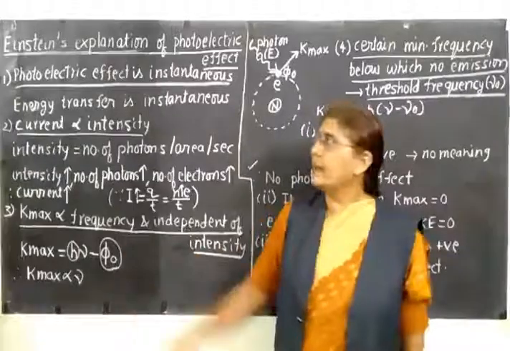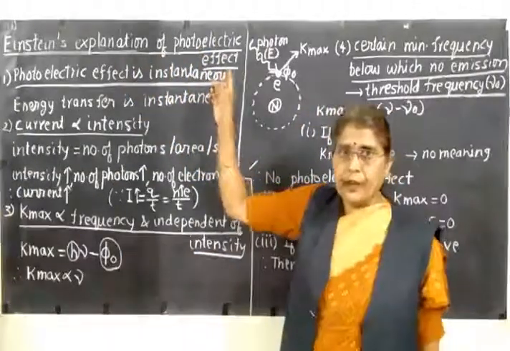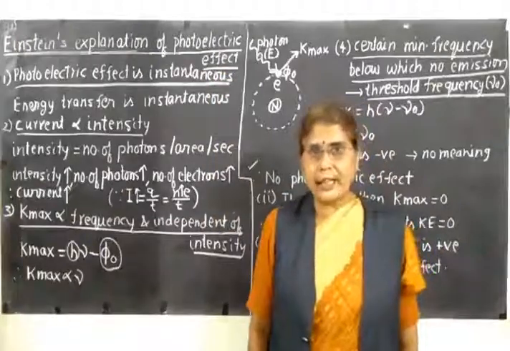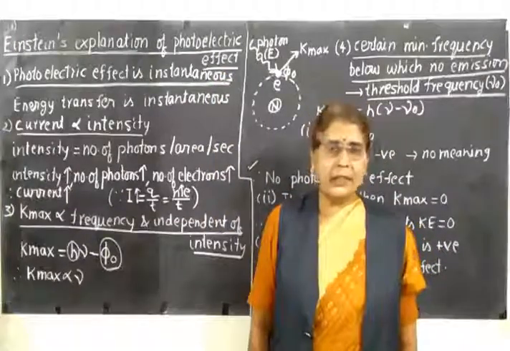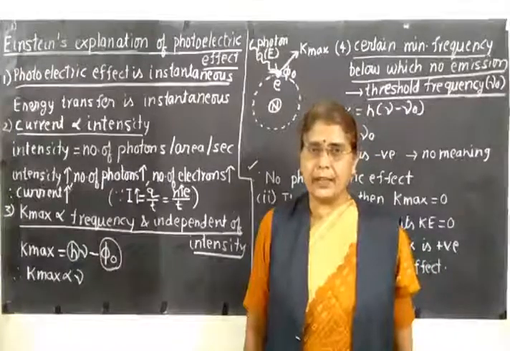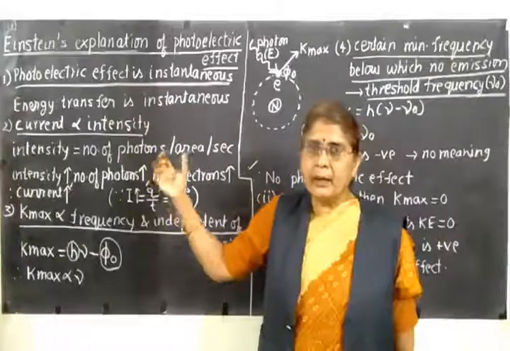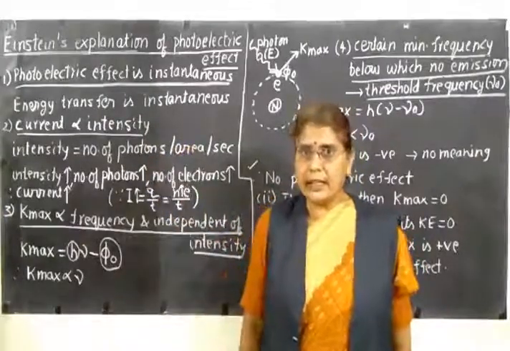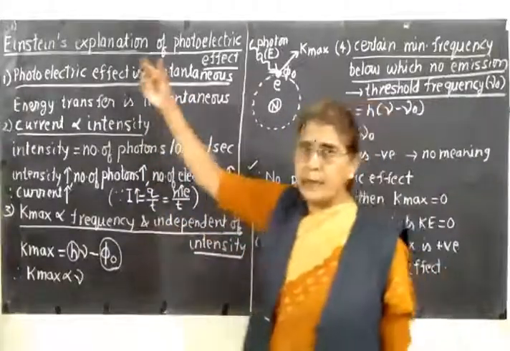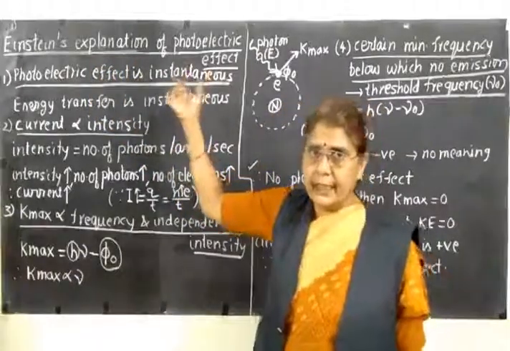Let us now study how Einstein explained the photoelectric effect using his photoelectric equation. So in the previous class we had studied the observations of photoelectric effect. So let us explain the observations one by one using Einstein's photoelectric equation. The first observation we had studied was that photoelectric effect is instantaneous.